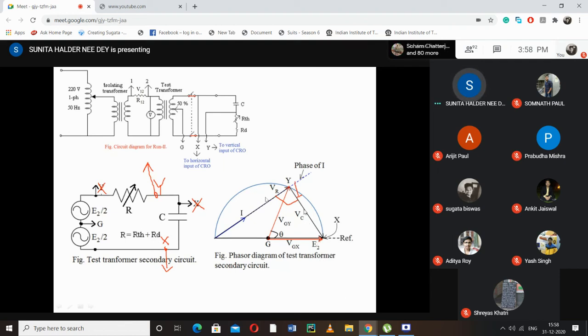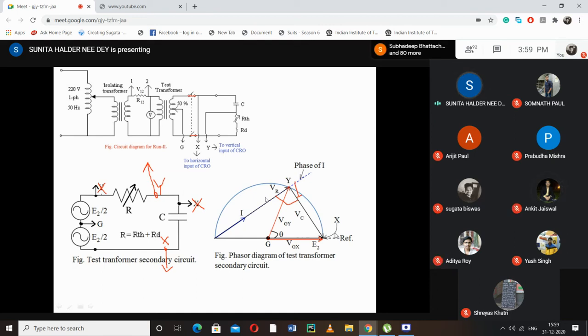VC will be gradually 0, because if we increase R, all voltage will be dropped across the resistance. That means VC tends to 0. Then at that condition, Y point will be superimposed with the X point, right? So we shall get 0 degree angle.